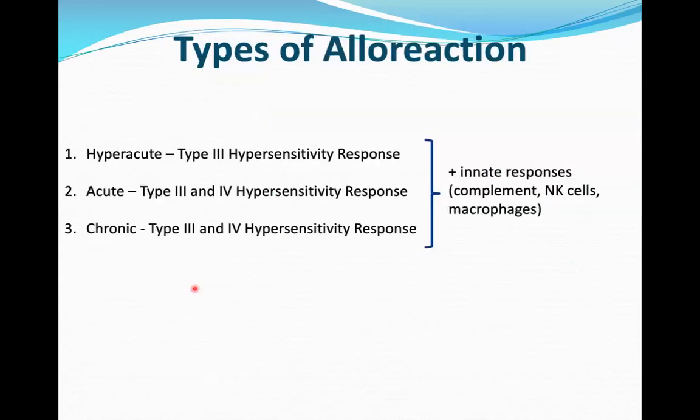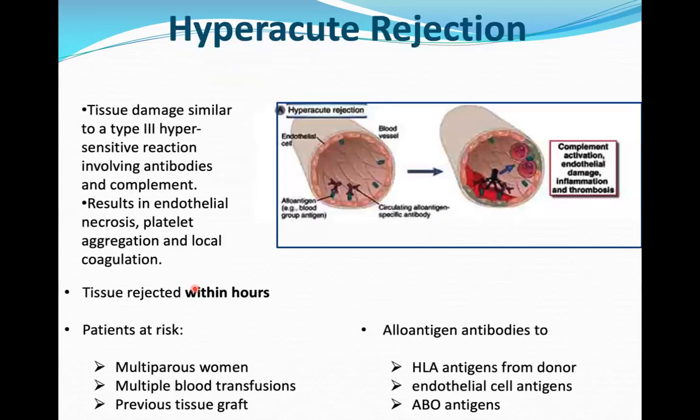With hyperacute, it's particularly a problem, even though you've matched the HLA gene. In many cases, a recipient has either received multiple blood transfusions, has received a transplant procedure before, or is a mother who has had multiple births.